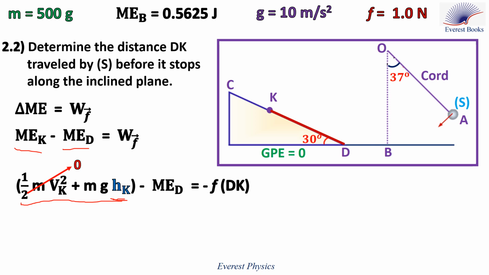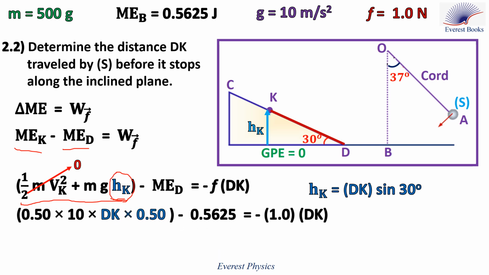Look at the figure. HK and DK form a right-angled triangle. Sine 30 equals HK over DK. Then HK equals DK sine 30. So replace HK by DK sine 30.